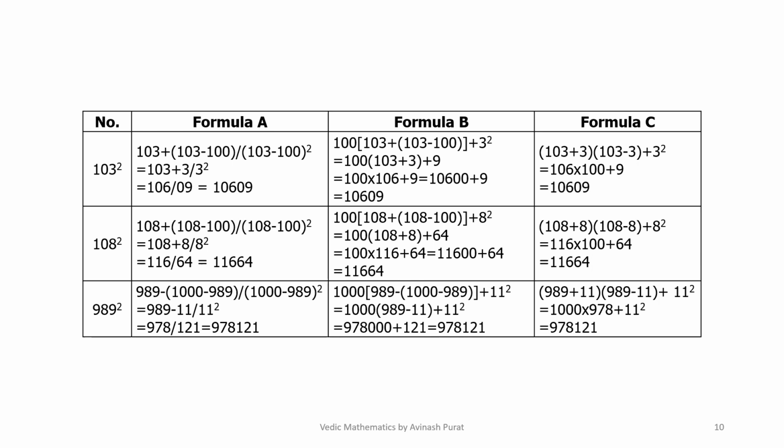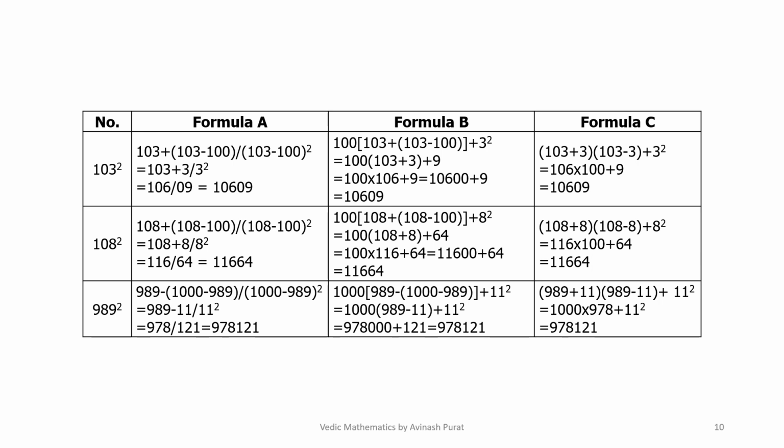Next example, 108 square. 108 plus 8 stroke 8 square, equal to 116 stroke 64, that is 11,664.